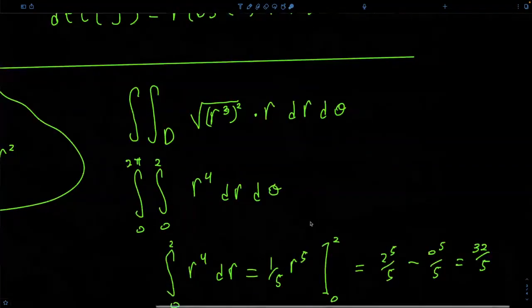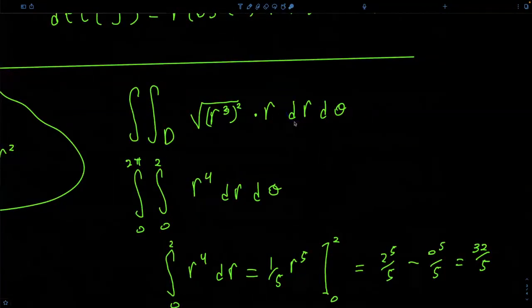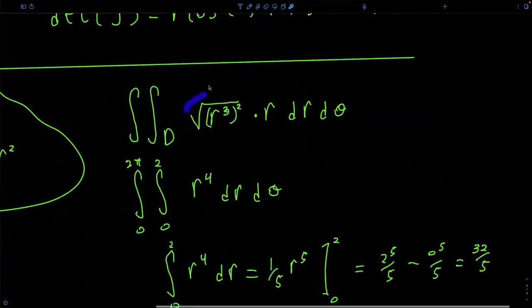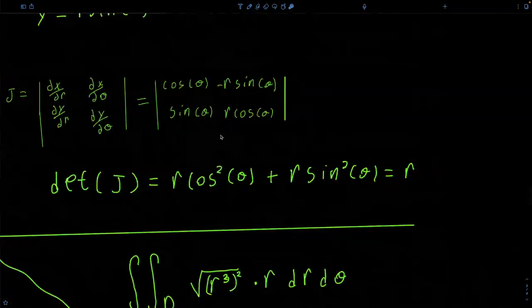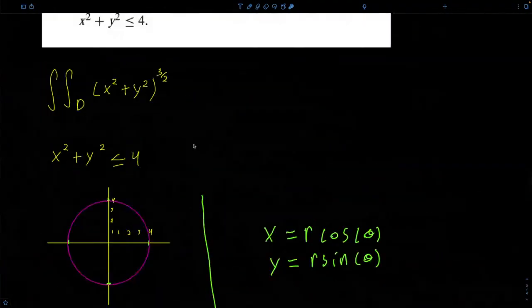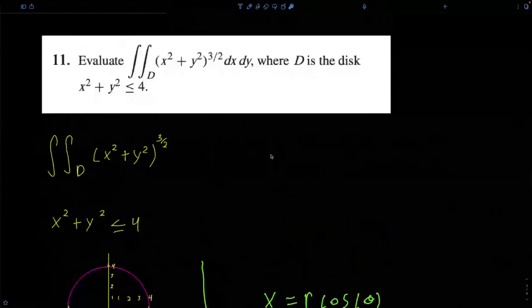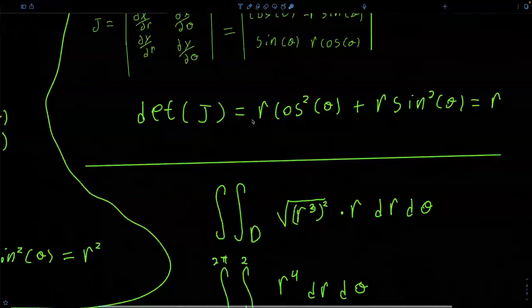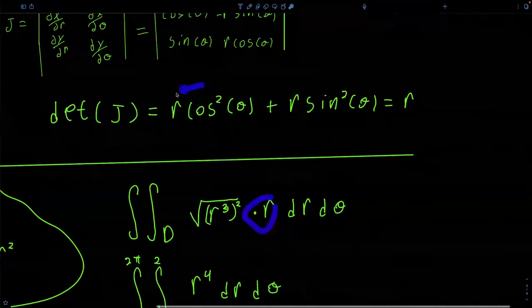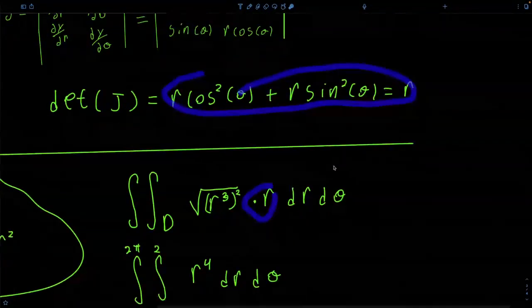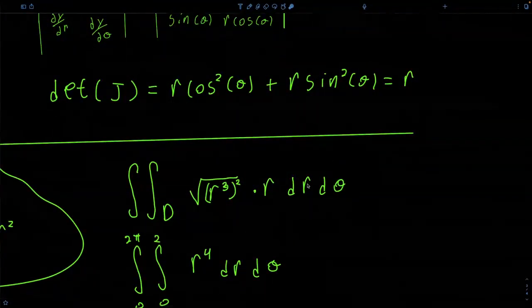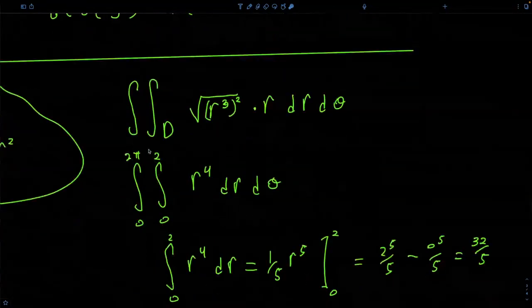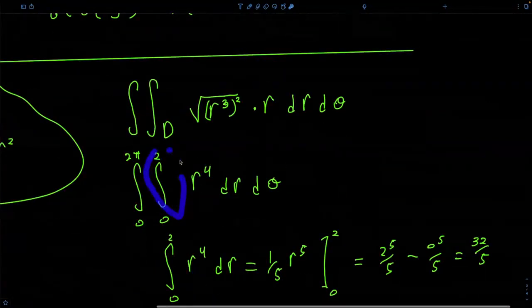After that, I just took the integral. So we multiply the equation by what was given: x squared plus y squared becomes r squared, and then times r, the determinant we received, with dr. For r, the limits are 0 to 2, since the radius is 2.